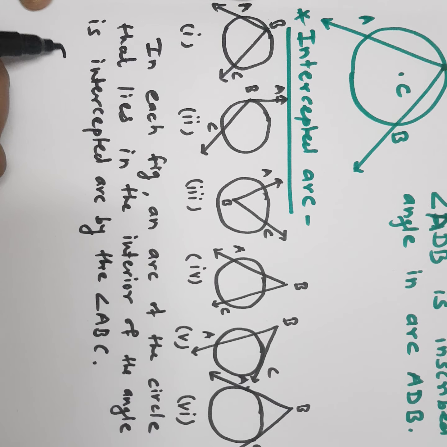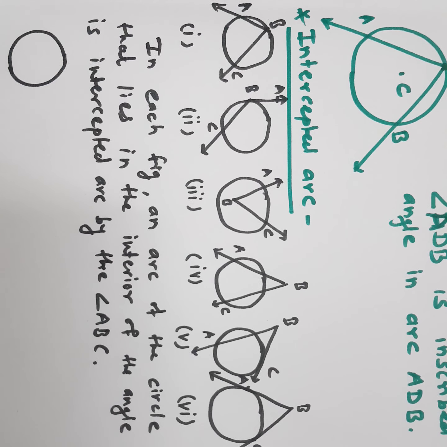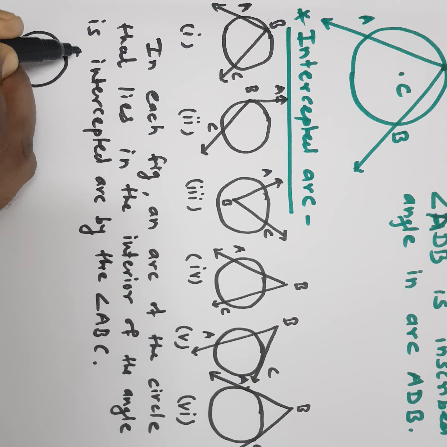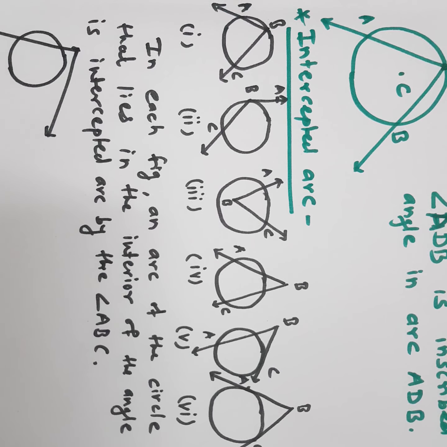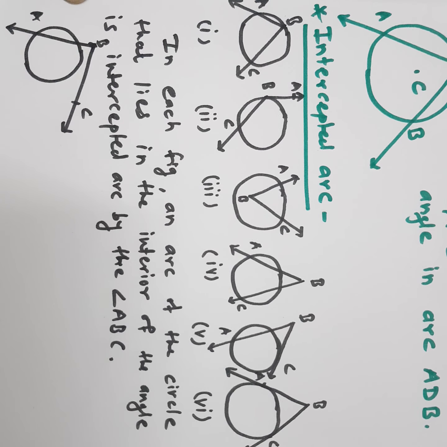Here, if there is such a type of angle in which only point A is on the arm of the angle, but no other point is on the arm, here arm BC is out of the circle.